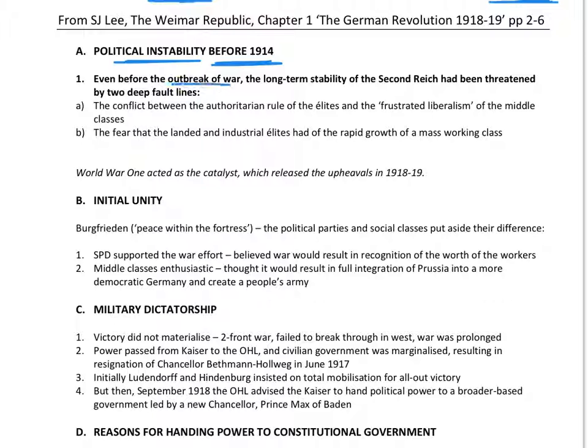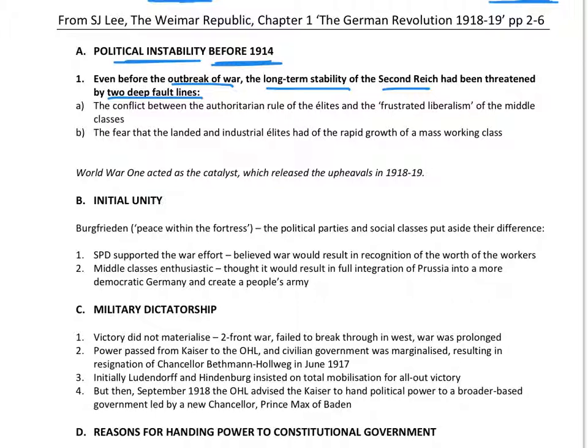Before the outbreak of war, the long-term stability of the Second Reich was threatened by two deep fault lines. And I remember one of the reasons that we use Stephen Lee is he does capture the key points very quickly with little turns of phrase. So using the same language, it's a nice expression, that two deep fault lines.